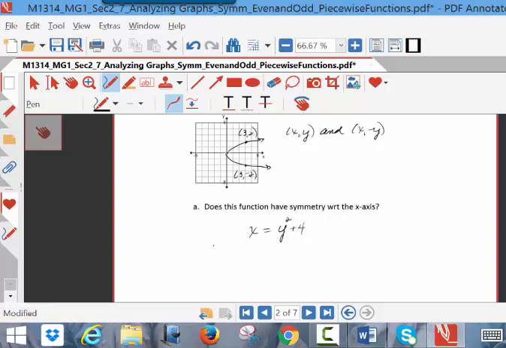Okay, so to do this, the ordered pair x, y would satisfy the equation, which is the original equation itself. But the other point I have to check is x, negative y. So this is the one where it really gets interesting. So x is replaced with x, but y is replaced with negative y.